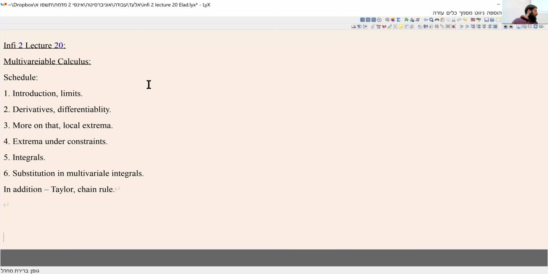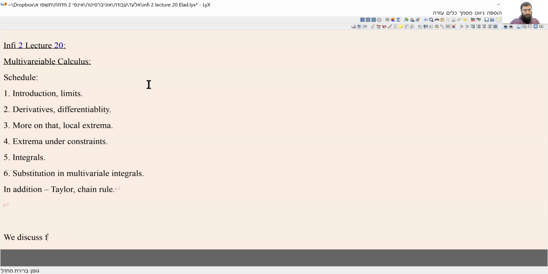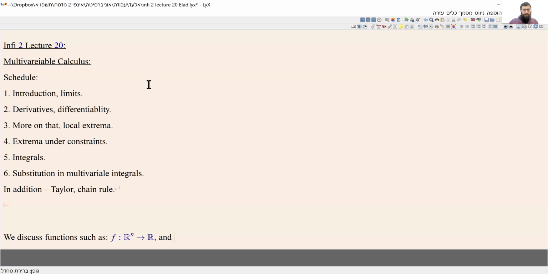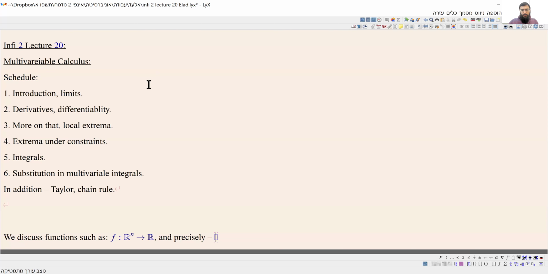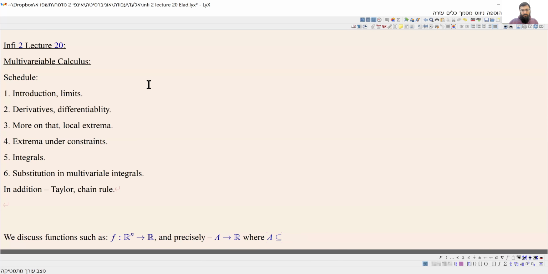We want to discuss functions from R to the power of n, more generally speaking, some subset of it, to R. We discuss functions such as f from R to R, and more precisely, functions from some A to R, where A is a subset of Rn.